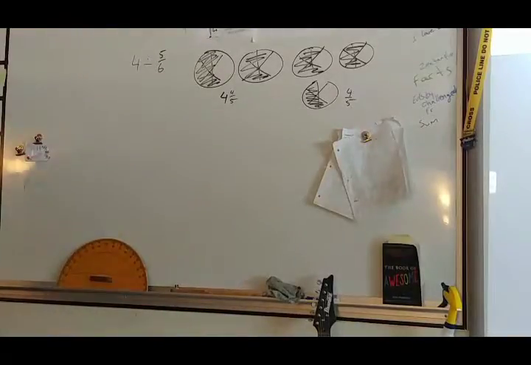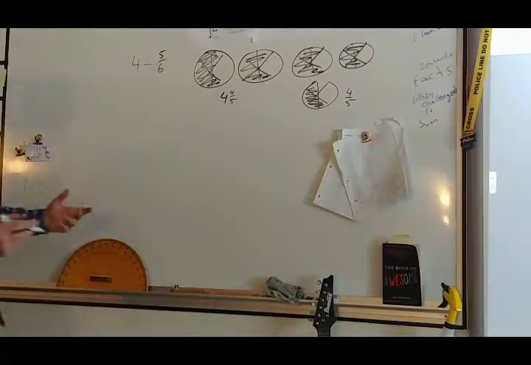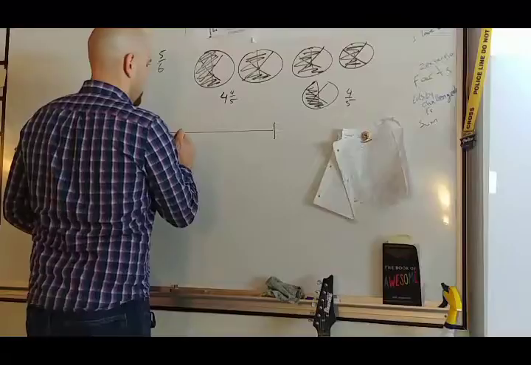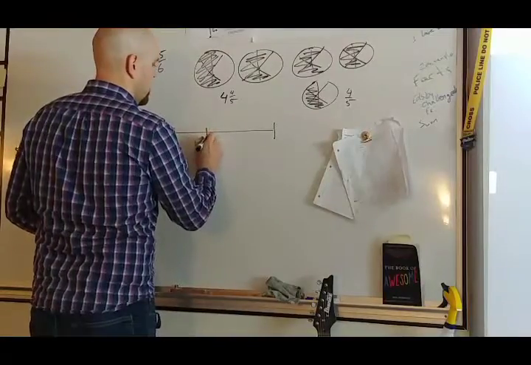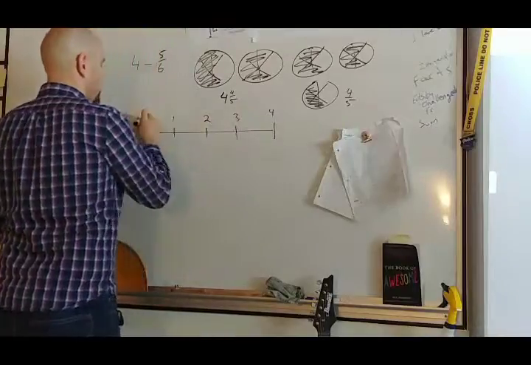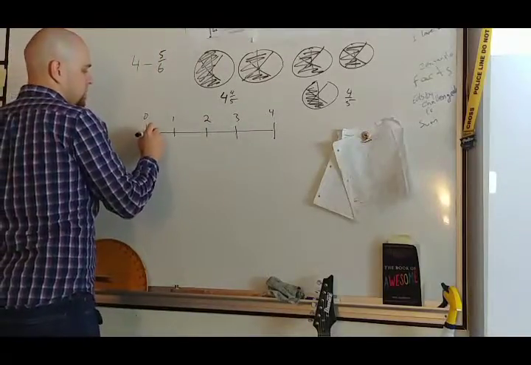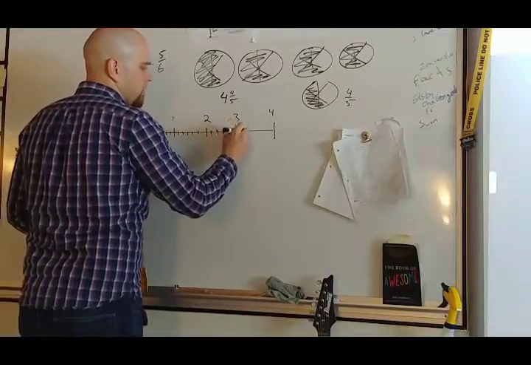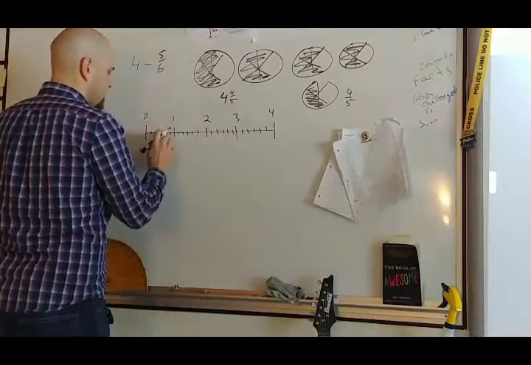I'll illustrate that a couple different ways, just to make it a little more obvious to you. Let's go to the number line. I have 1, 2, 3, 4. There's a 0. I've got 6. 1, 2, 3, 4, 5, 6, repeated for each section.